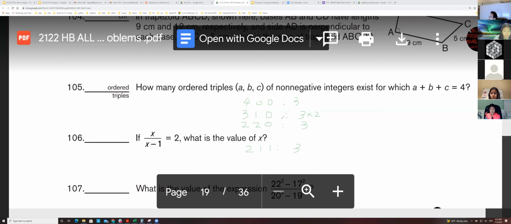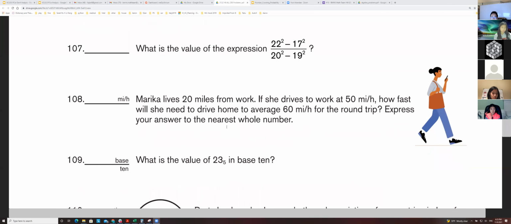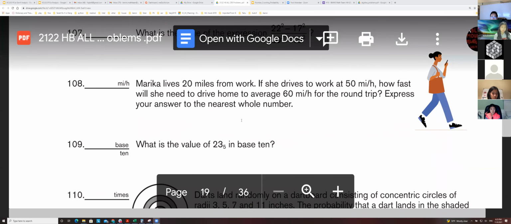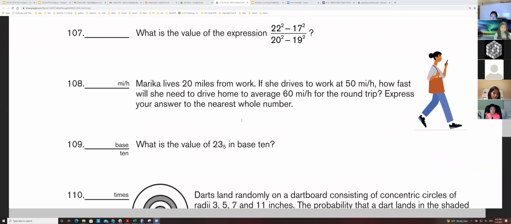Question? Okay, let's move on. I think we're looking at 103, 105, 108. Okay, 108. Let's give a brief second to read the problem.